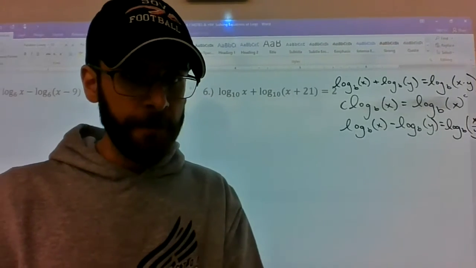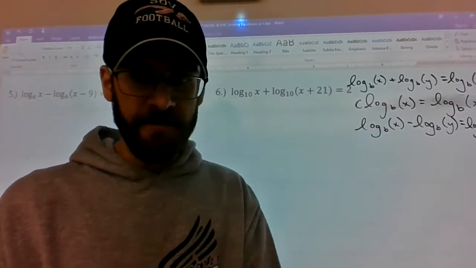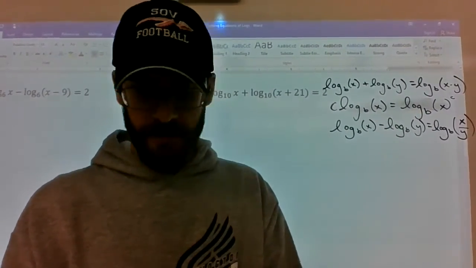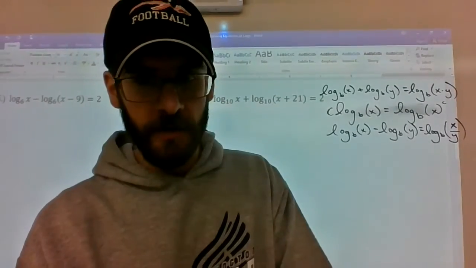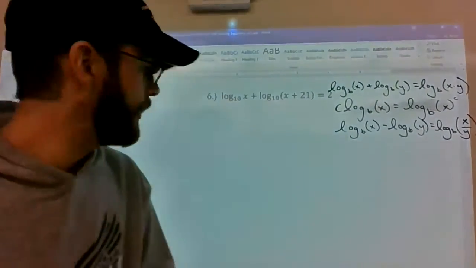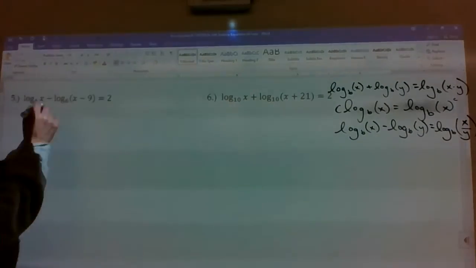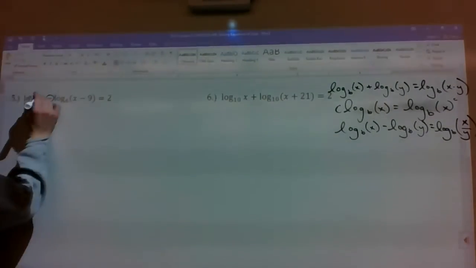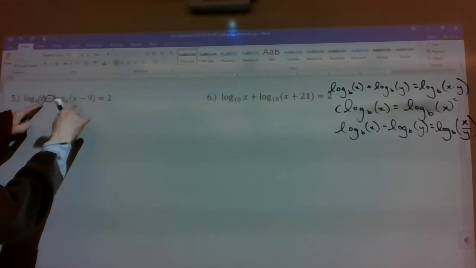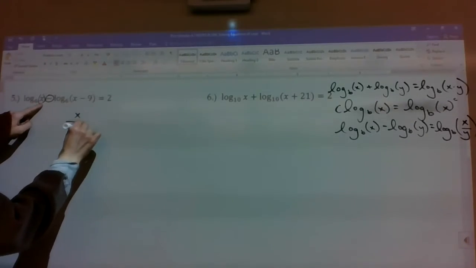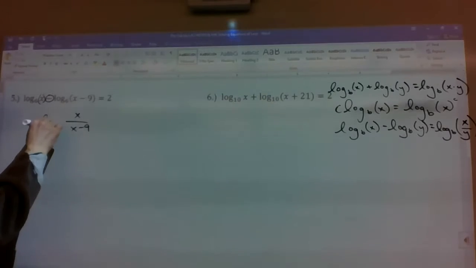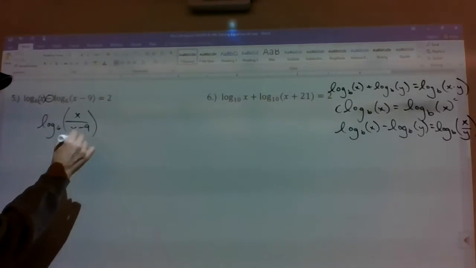So if we look at number 5, oh man, we've got to get this in the same window here. Back it up, there we go. This subtraction right here, not that subtraction, this subtraction right here, will create these contents now getting divided, but you're still left with the log. Don't start skipping steps on me.